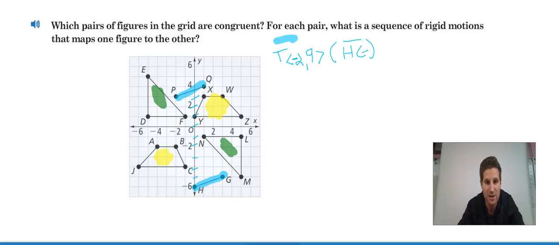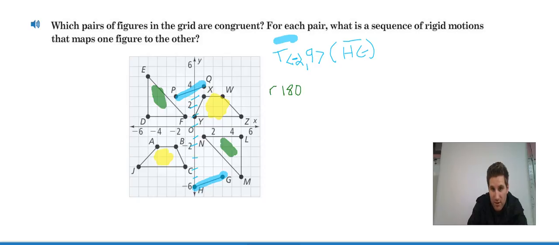So we basically want to transform these 180 degrees. So this point is negative 1, 1, and if we switch them, this one becomes 1, negative 1, so that's going to do a 180 degree rotation. So we're going to do baby R, and then 180 degrees rotation. Gotta get that little degree in there.